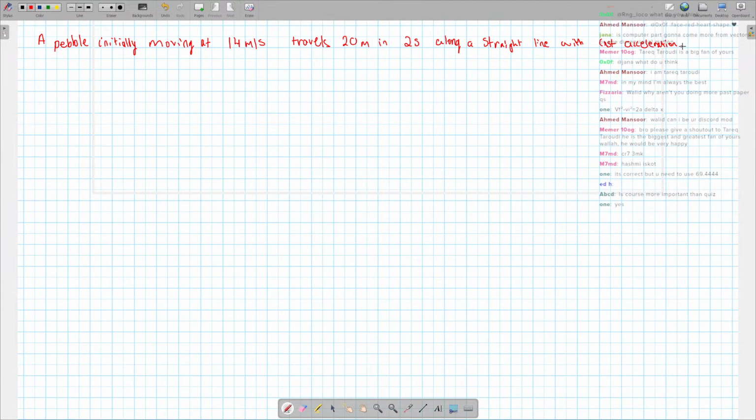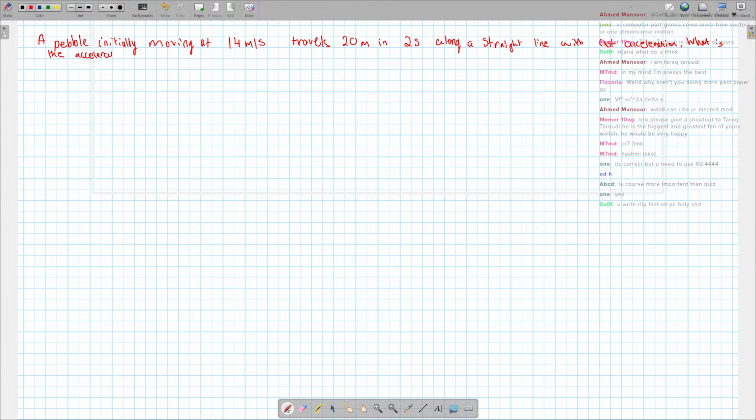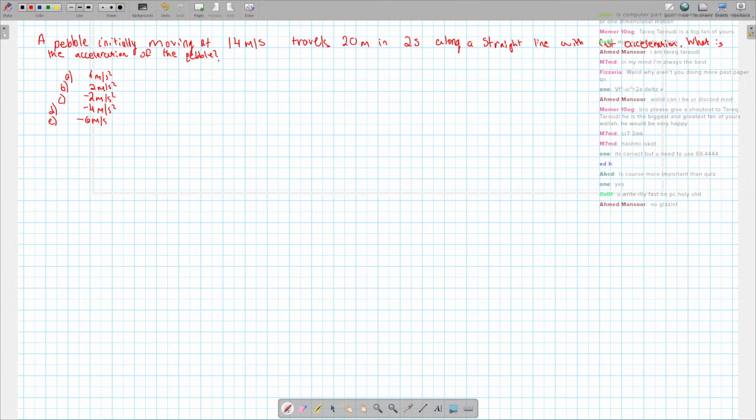What is the acceleration of the pebble? A, 4 meter per second squared. B, 2 meter per second squared. C, minus 2 meter per second squared. D, minus 4 meter per second squared. E, minus 6 meter per second squared.